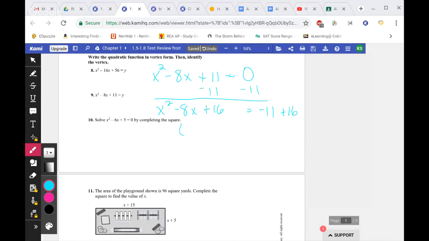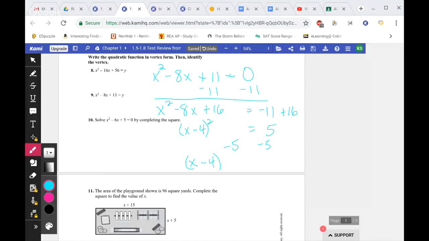And when we halved it, that gave us our factored form of the perfect square trinomial. So half of negative 8 was negative 4. So you have x minus 4 squared equals, and then negative 11 plus 16 is 5. So in order to get it in vertex form, all I'm going to do is move this 5 back over to the left-hand side.